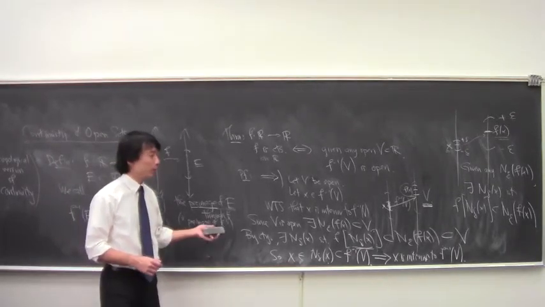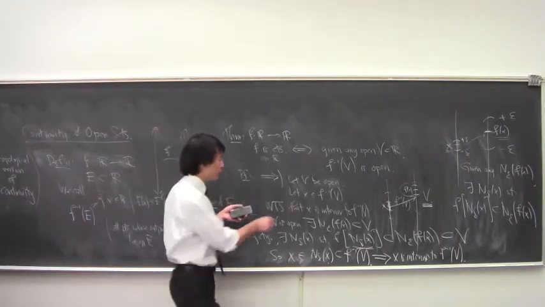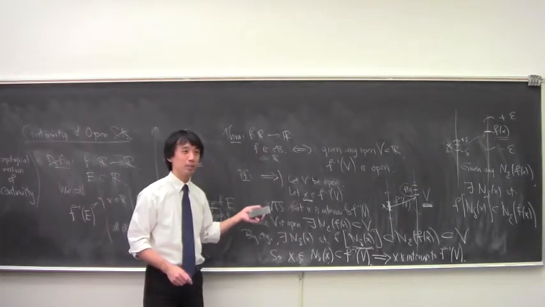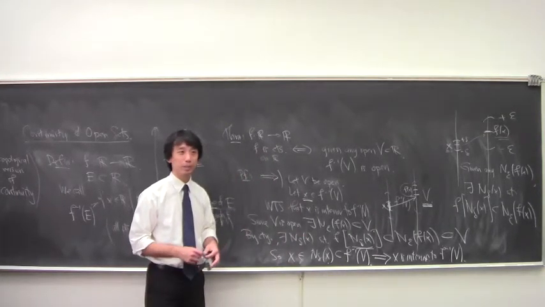Okay, so the pre-image is open. We've shown that if you choose anybody in there, then it's interior. Any point of the pre-image is interior, so the pre-image is an open set.